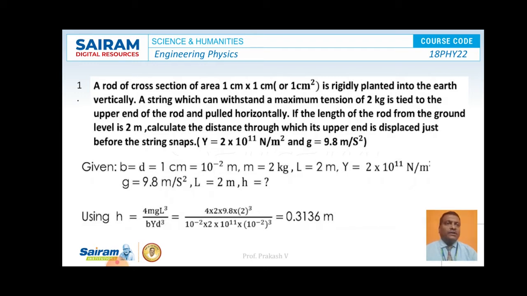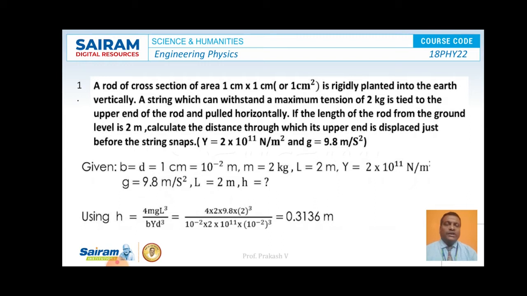If the length of the rod from the ground level is 2 meter, calculate the distance through which its upper end is displaced just before the string snaps. Here the value of Young's modulus is given as 2 into 10 to the power of 11 Newton per meter square, and the acceleration due to gravity is 9.8 meter per second square.